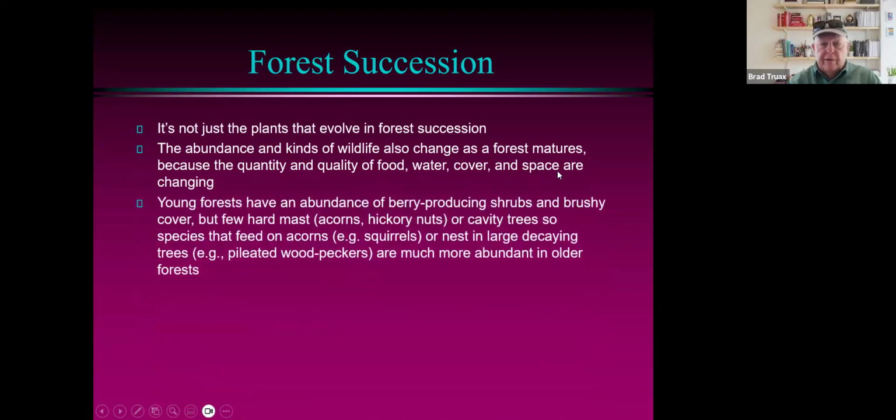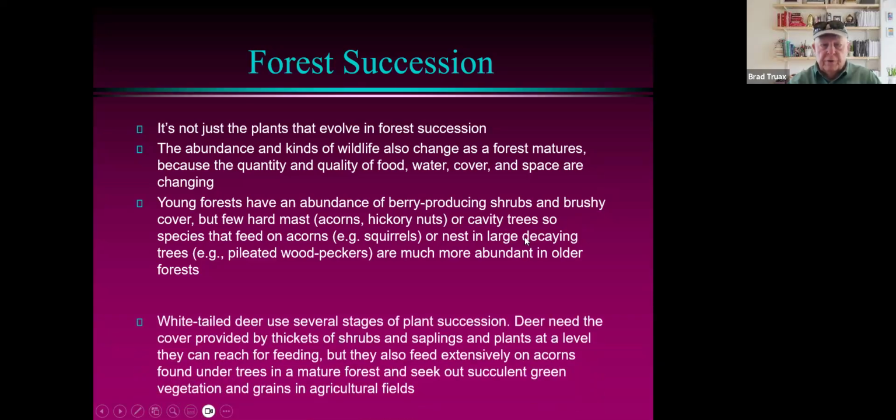So young forests have an abundance of berry-producing shrubs and brushy cover, and very few hard masts such as acorns and hickories or cavity trees are available then. So later on, it's squirrels or nesting species like woodpeckers that are much more abundant in the older forests as opposed to the younger forests.